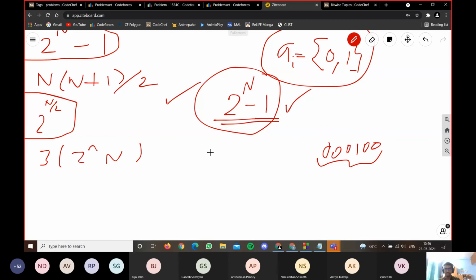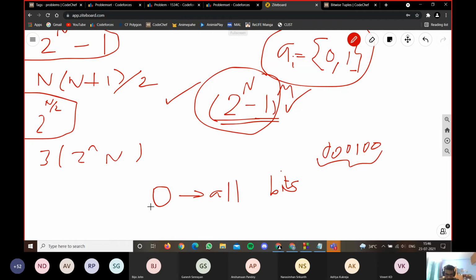For this case, anyone has any answers? No answers? So if you want the bitwise AND to be 0, all bits must be made 0. Soham has given an answer: (2^n minus 1) to the power m.